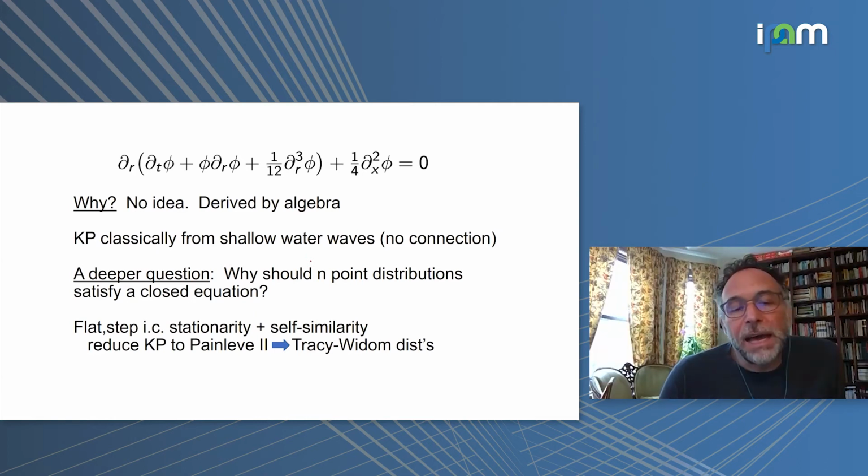And you can use that plus the self-similarity because of the t to the 1/3, t to the 2/3 scaling, and just posit that there'd be self-similar solutions of that form to KP, and it immediately reduces KP to the Painlevé II equation. And that's where the famous Tracy-Widom distributions come from. They're just special self-similar forms of KP.